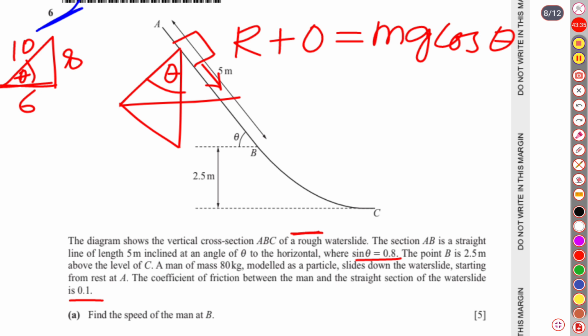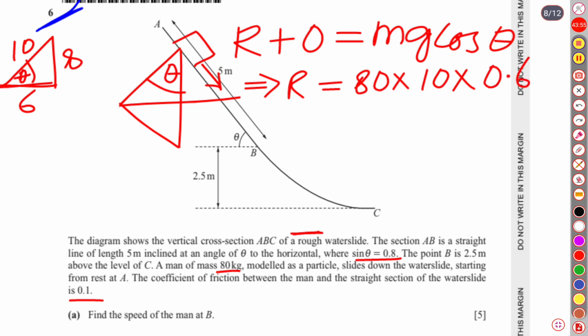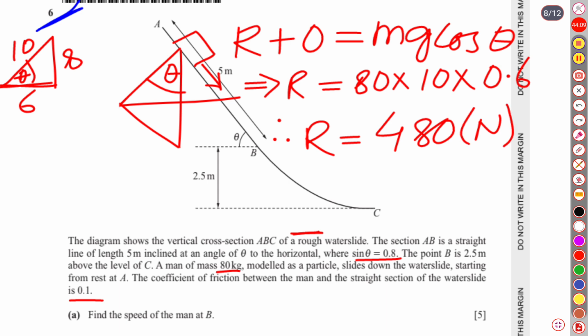Hence R is going to be: mass of the person is 80 kg, acceleration due to gravity is 10, and cos theta is 6 over 10, that means 0.6. So we have got our normal reaction force is 80 times 10 times 0.6, that is 480 Newton.